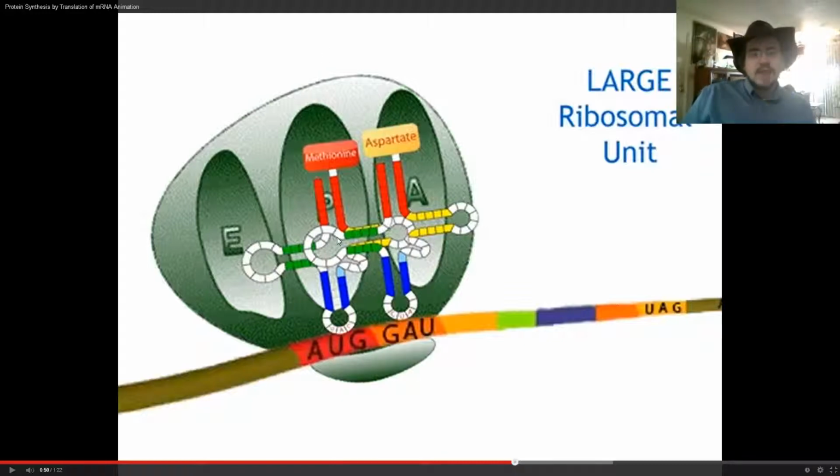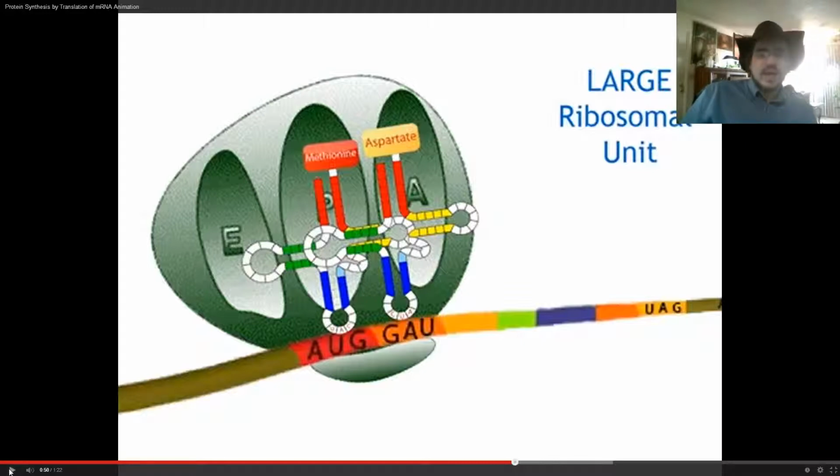And then tRNA binds to the AUG, and that's the tRNA carrying UAC, because UAC is the anticodon to AUG, and it has methionine. And then the next tRNA comes along at the awaiting site, the A site. And so the amino acid being processed at the P site is going to be added to the amino acid at the A site.